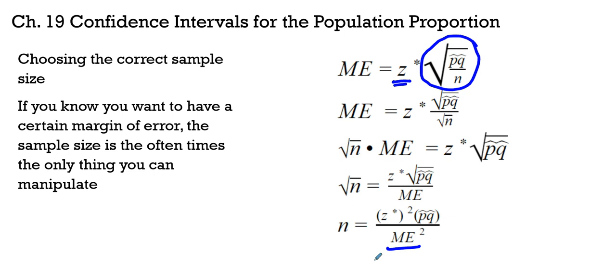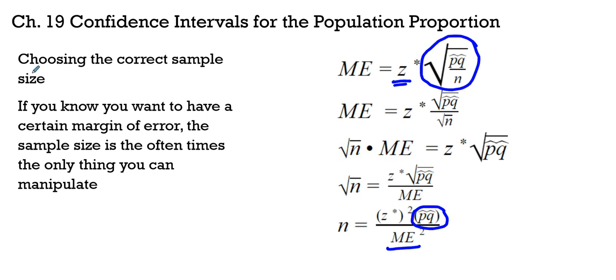Couple things to note. You should always write the margin of error as a decimal. Don't write, I want it to be 3%, so throw 3 in there. Write it as 0.03. That's important. And this one right here can be problematic.